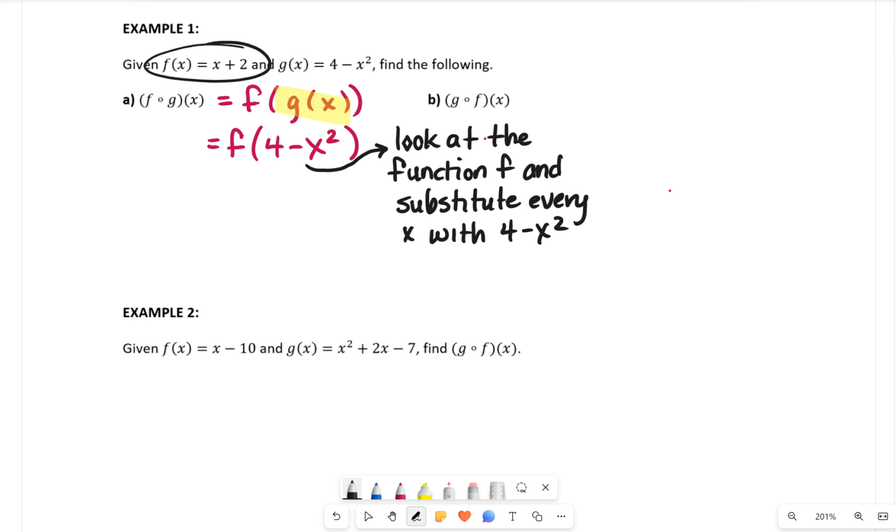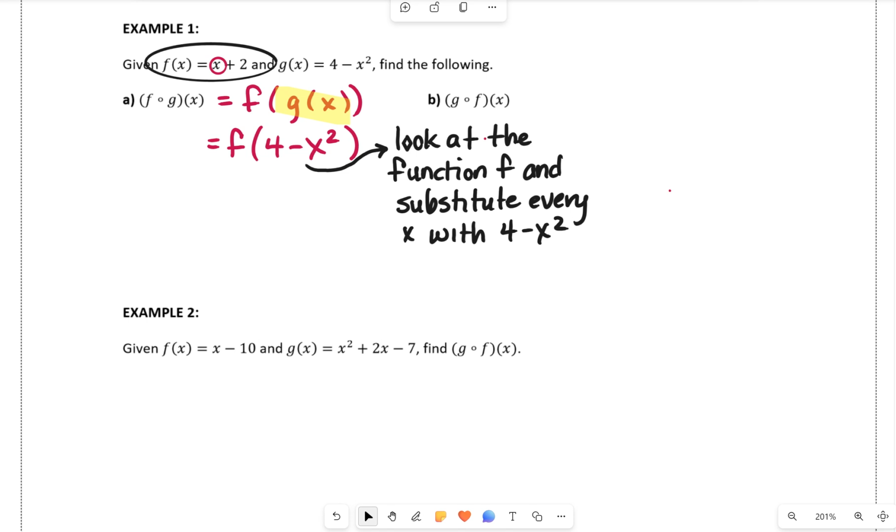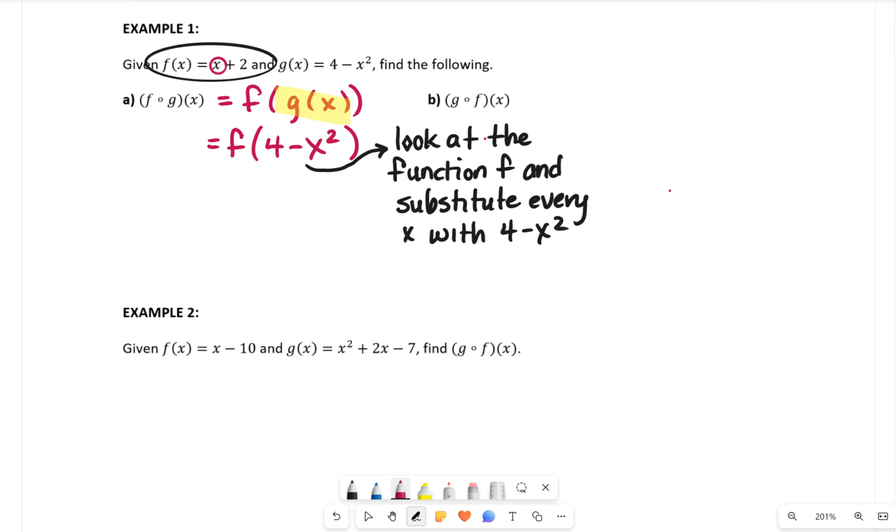Here's our function f. They want us to replace every single x that we see after the equal sign. The definition, f of x, is just the name of the function. Every x needs to be replaced with 4 minus x squared. The only x that we need to replace is this one right here.